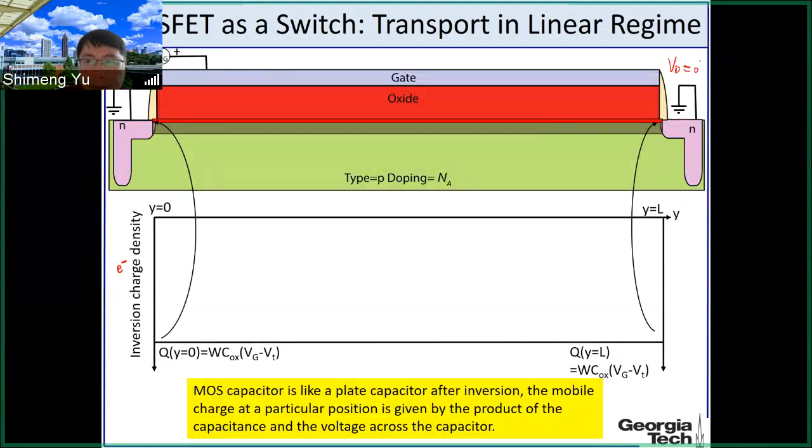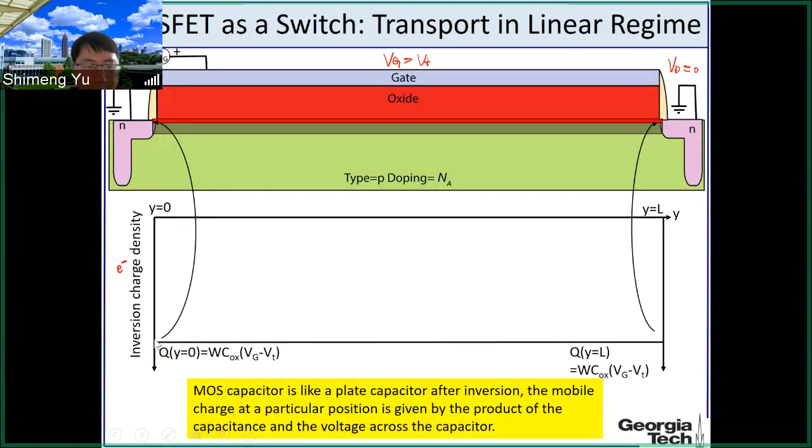This is more like a MOS cap. Let's say the gate voltage is larger than the threshold, then we already create the inversion charge, and we have this channel. But since the source and the drain both are at 0 voltage, there's no difference. So the charge along the channel should be uniform.